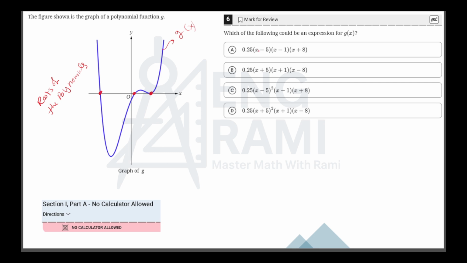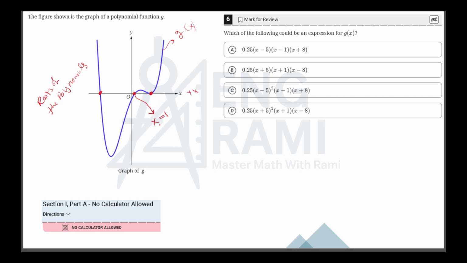Then if we return back to those answers, as you can see, there will be x negative 1, x plus 1. So it's likely this one could be, we are talking about this choice, x negative 1 or x plus 1. We know that this is x equals 1, the positive x.